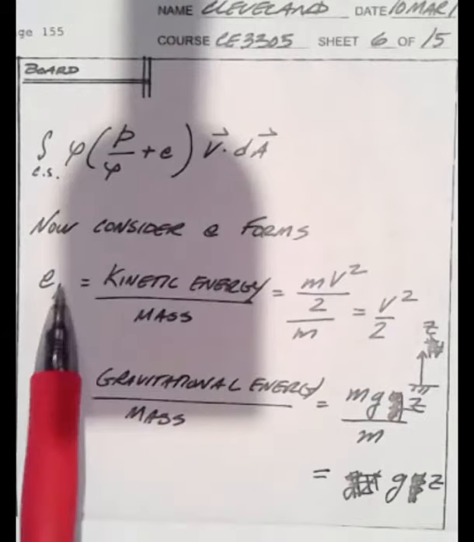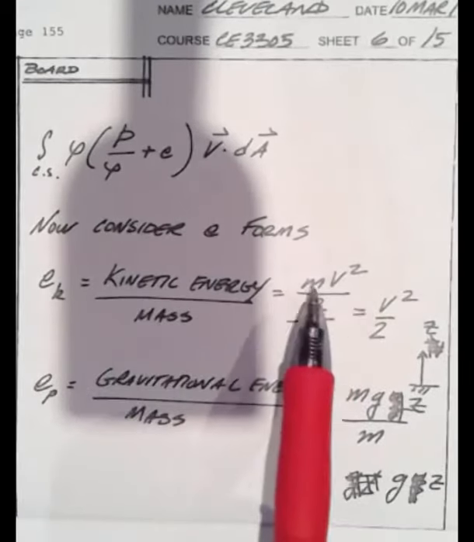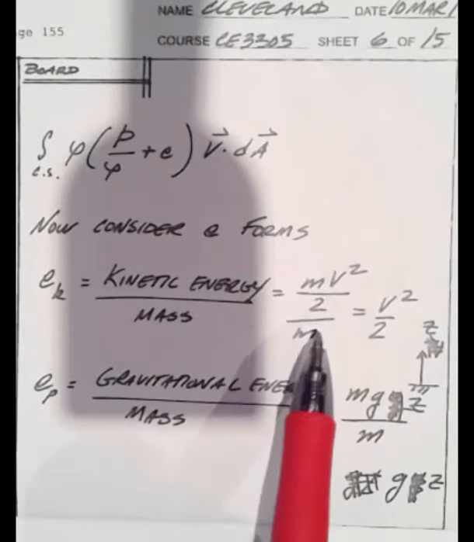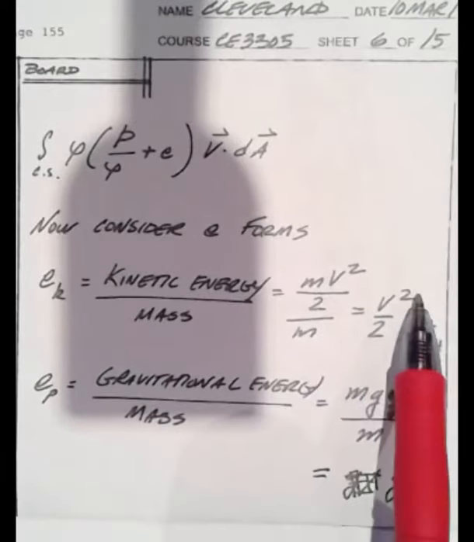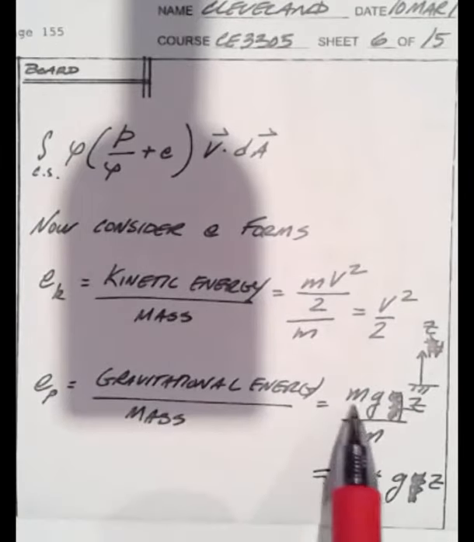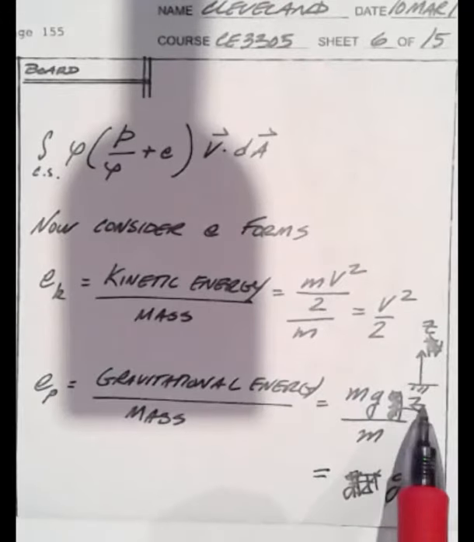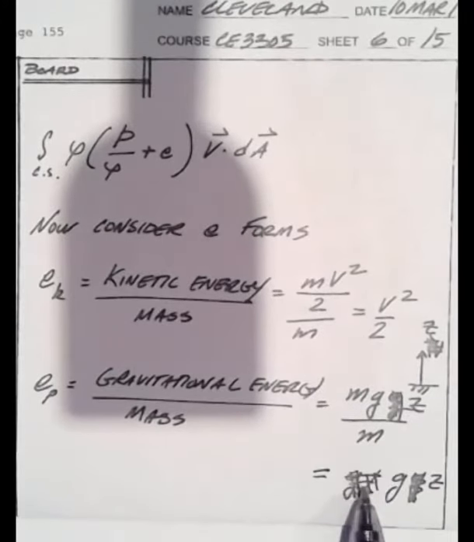Now let's consider the different kinds of energy. There's kinetic energy per mass, which would have units of mV squared over 2 over mass, which is V squared over 2. There's gravitational energy per mass, which would be mg times z above some datum divided by m, which is g times z. You're going to see that our friend Mr. Bernoulli is going to show his face again in a second.